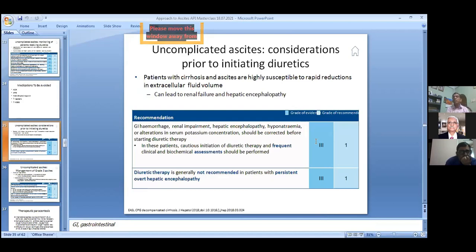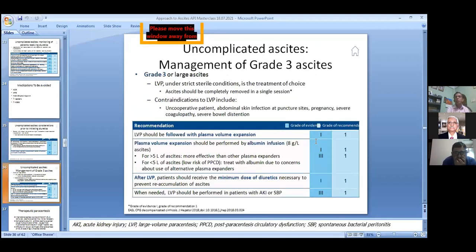In some conditions, you should not use diuretic. If there is hepatorenal failure, if there is hepatic encephalopathy, and in patients who have a recent GI hemorrhage or renal dysfunction, then you should not start diuretic, or you should withdraw the diuretic immediately.